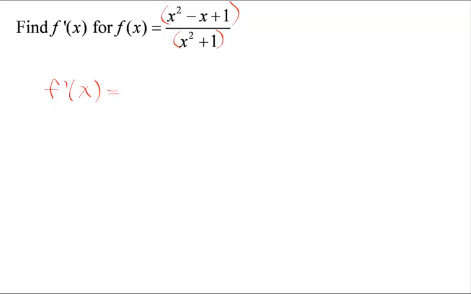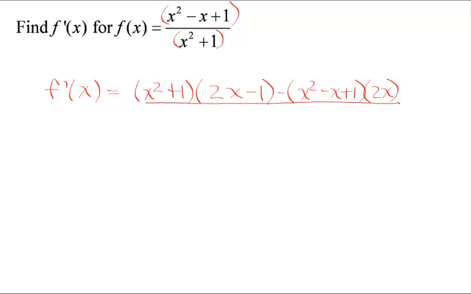The verbalization for the quotient rule is bottom, d top, the derivative of the top function, minus top, d bottom, over bottom squared. And there, I have found f prime of x, and done it very quickly and concisely.